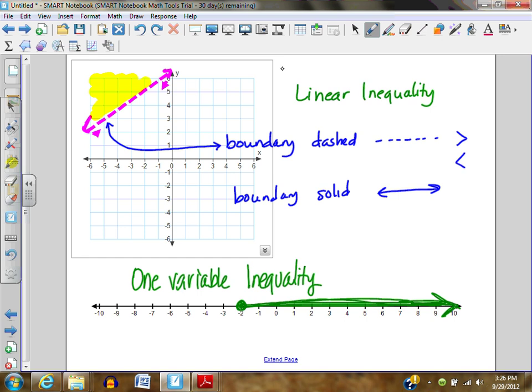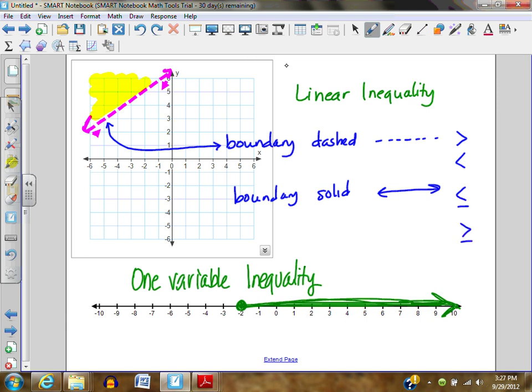And I remember, by the way, sidebar, I remember the less than sign because it looks like an L that's kind of been squished, yes? So that's what a less than sign is. The other one is greater. That aside, the solid boundary is because you have a less than or equal to, or greater than or equal to.